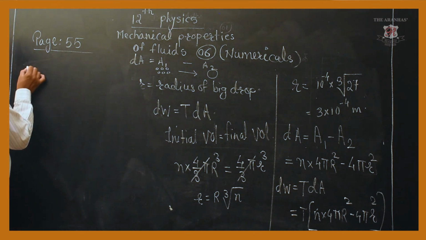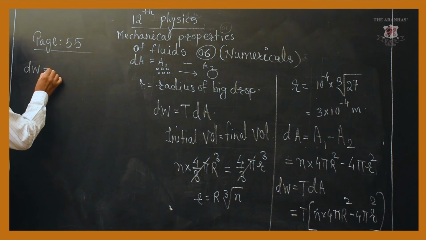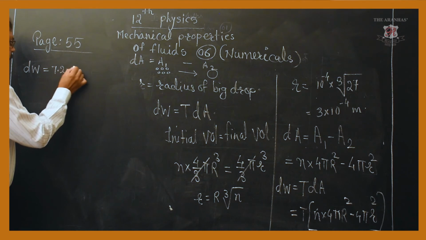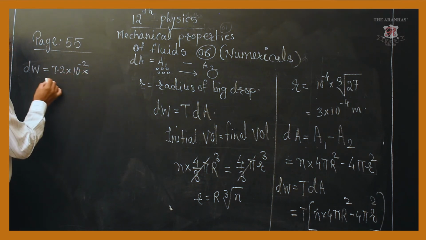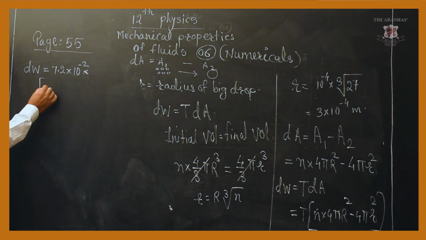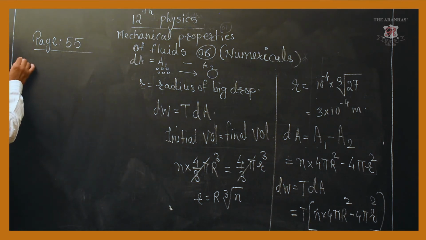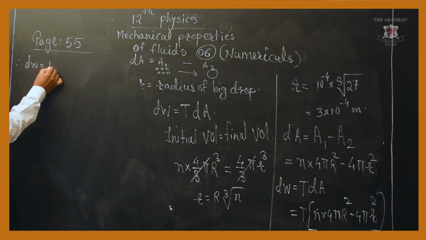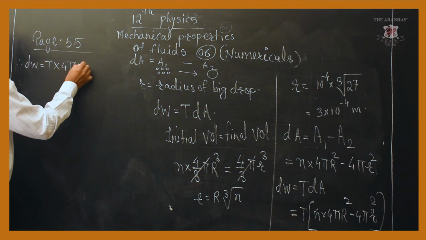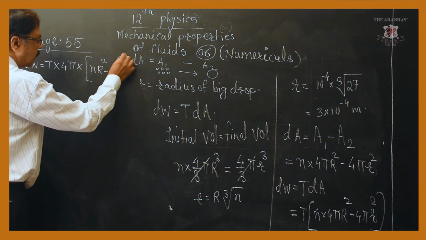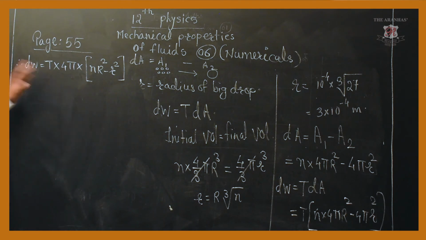I am substituting: change in energy, surface tension is given as 7.2 into 10 raised to minus 2, value of n is 27. I can just take the 4 pi outside, that is common for both the terms. Therefore dW equal to T into 4 pi into bracket n r square minus R square.